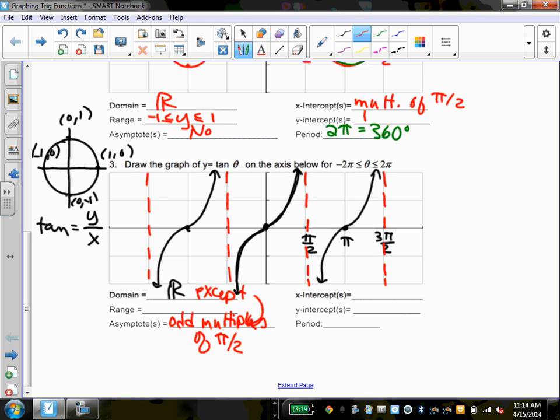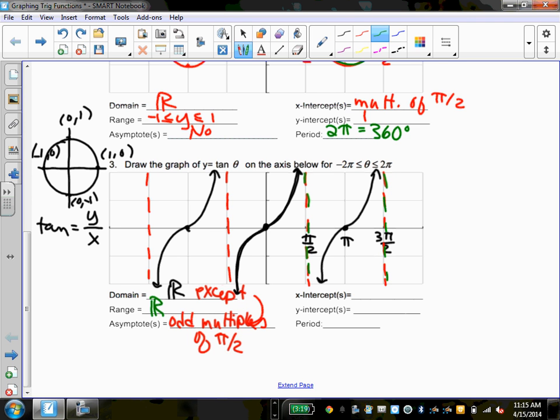Remember, we had an asymptote at pi over 2, 3 pi over 2. There would be another asymptote at 5 pi over 2. So our domain cannot include those angle measures where the asymptotes are. Our range for the tangent is all reals.